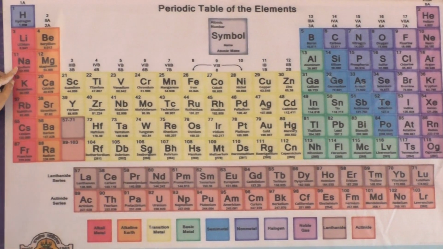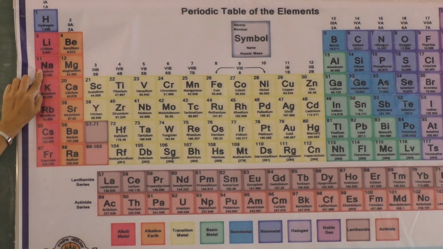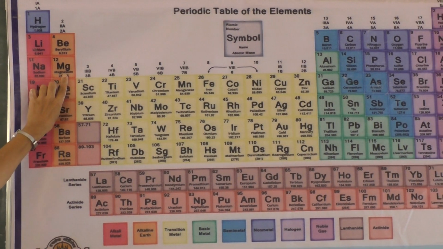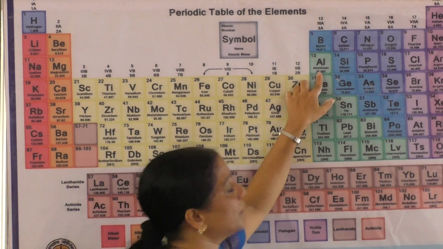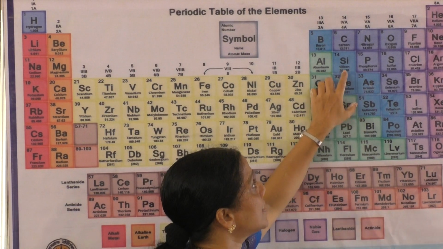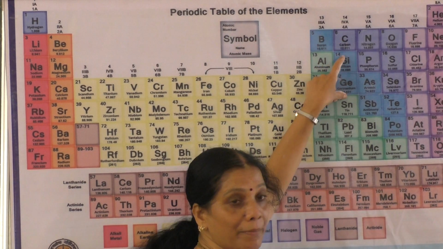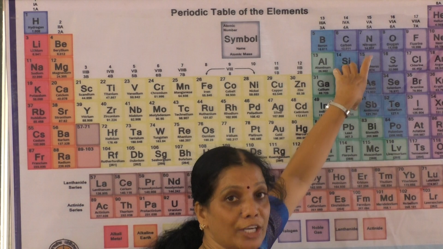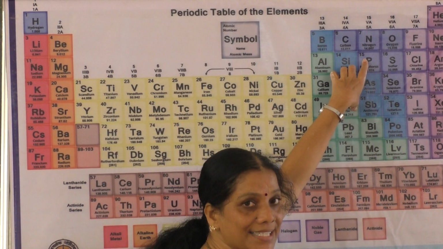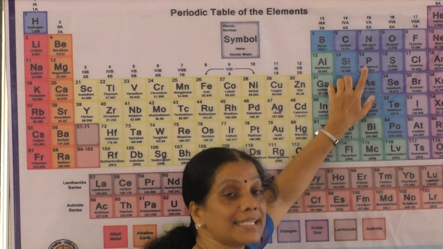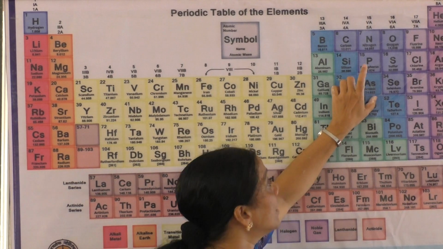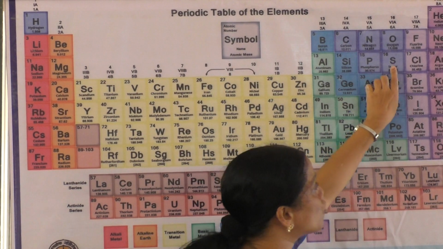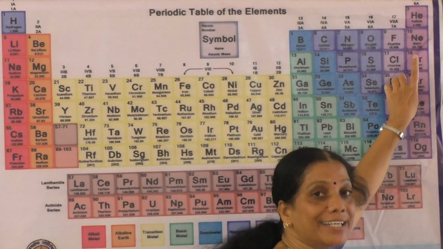Just see, if I consider the third period: sodium 1, magnesium 2, aluminium 3, silicon 4 in the same group, the carbon family. Phosphorus, in the nitrogen family, is 8 minus 5, that is 3, here it is 2, here it is 1, here it is 0.